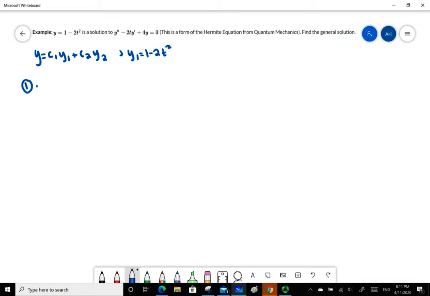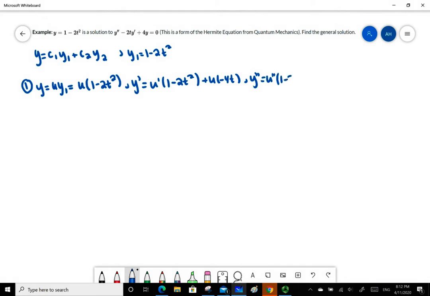Start by substituting y equals uy1, so u times 1 minus 2t squared, so y prime equals u prime times 1 minus 2t squared plus u times negative 4t, and y double prime equals u double prime times 1 minus 2t squared plus u prime times negative 4t plus u prime times negative 4t plus u times negative 4.